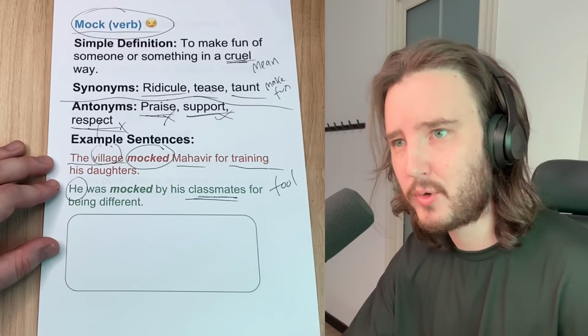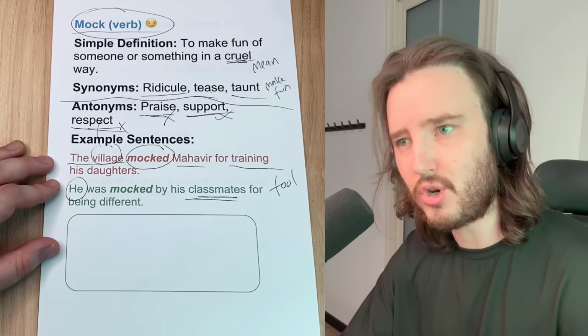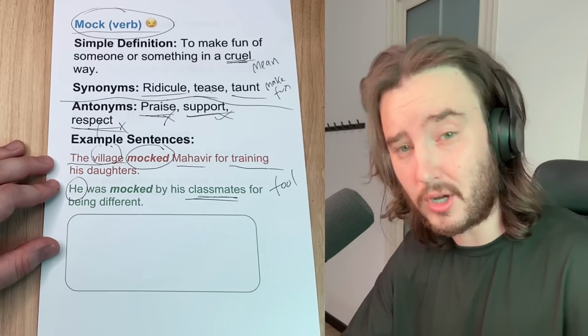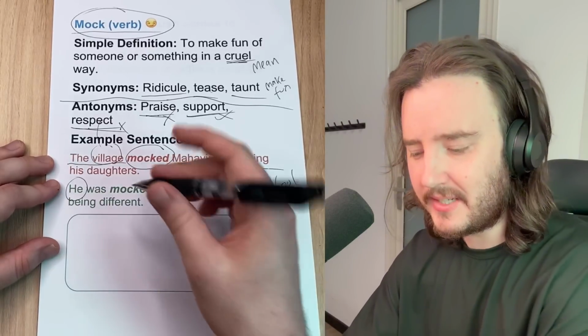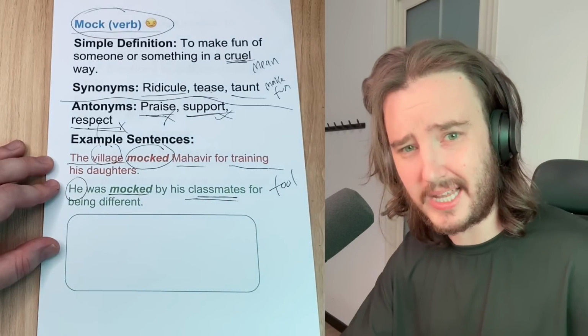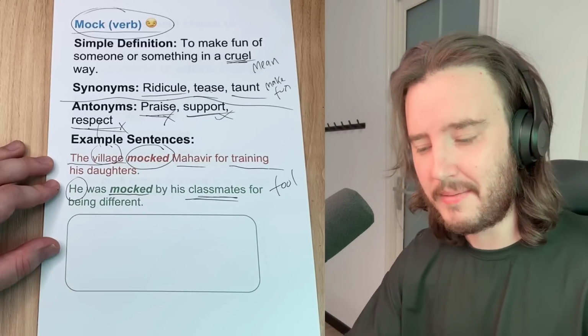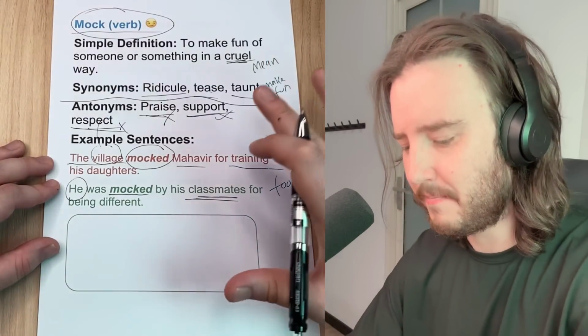He's handicapped, or maybe he's gay, or maybe he's too short or too tall or too fat or too skinny. According to them, right? So whatever the reason is, he's mocked by his classmates. They make fun of him. They put him down. They don't lift him up.